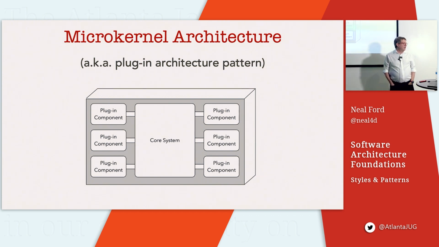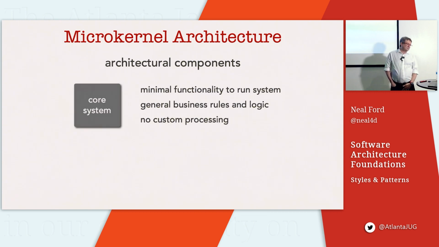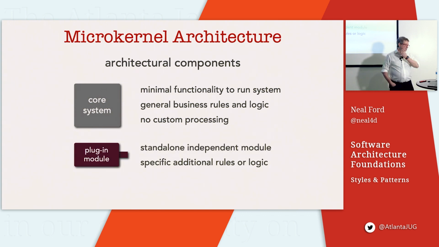It is the core functionality for the system, general business rules and logic, and no or as little custom processing as possible. The plugins are standalone independent modules which have separate business logic in them or the way you're updating the behavior of the application.